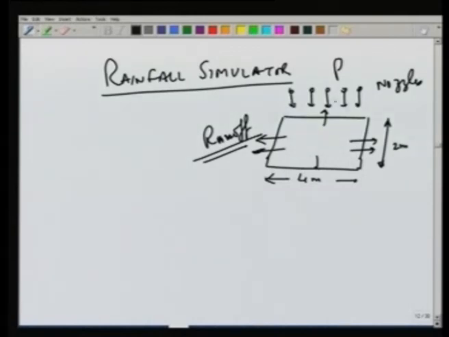The height of the nozzles from the plot is generally kept as 2 meters, and this will also simulate some impact of the raindrops. So, when the raindrops fall on this plot, they will have impact here, and the other advantage is that since we are not driving anything into the ground, the soil is undisturbed. So, by measuring the precipitation and the runoff, we can know what is the infiltration.